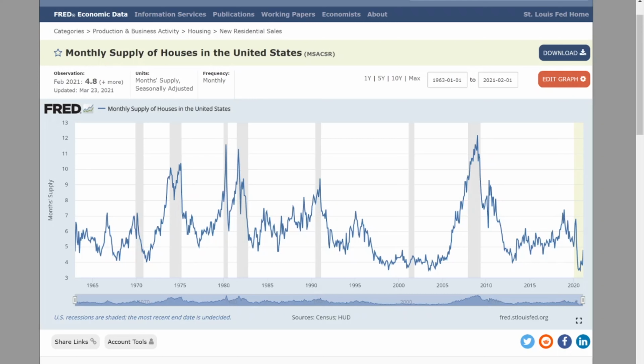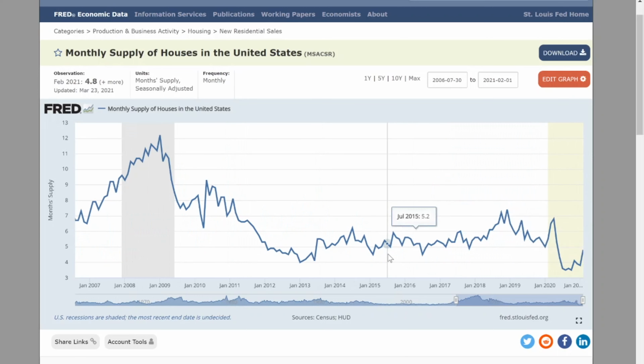But if we have a look here, we can see the drop from 2008 to 2021, right here. So this clearly shows the inventory. So there's less inventory on the market.